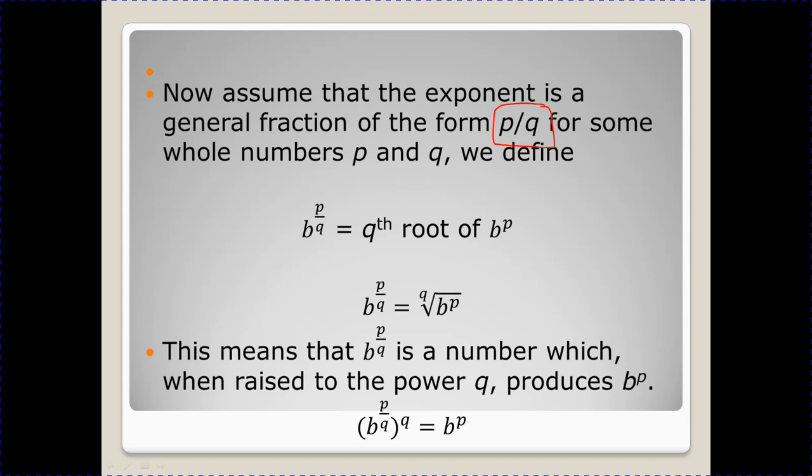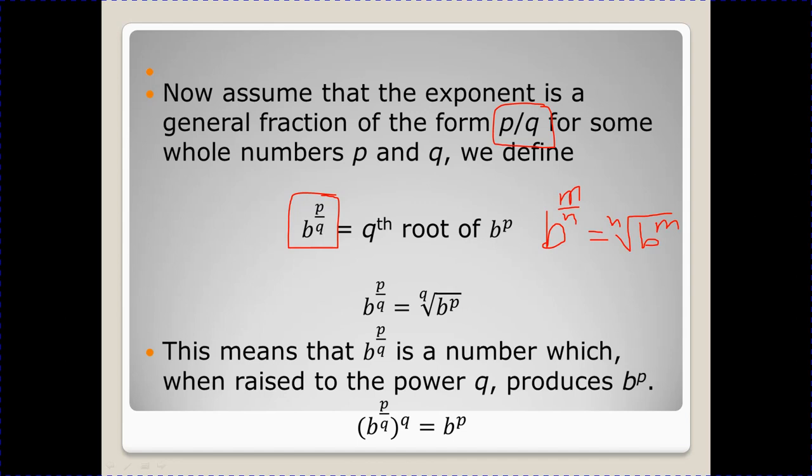So if I have the power p over q for some whole numbers p and q, we define b to the power p over q as the qth root of b to the power p. In some textbooks you can find b to the power m over n, which is the nth root of b to the power m.